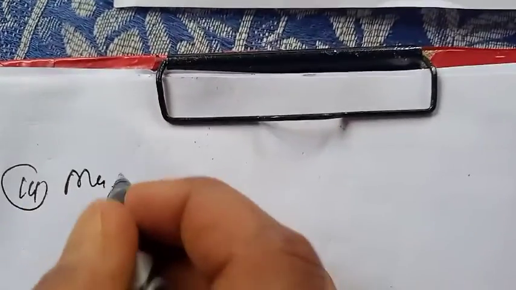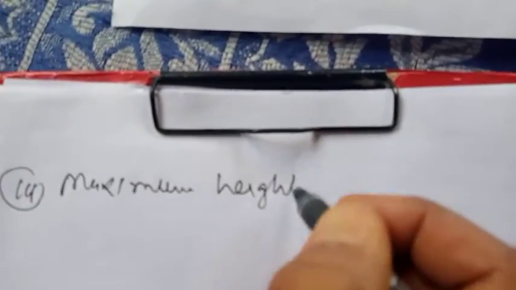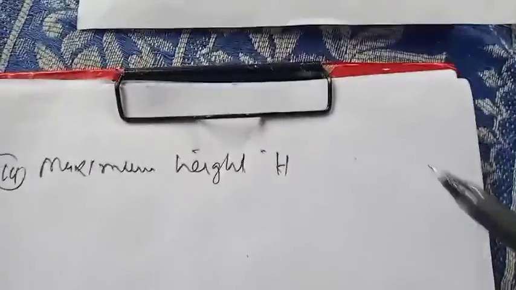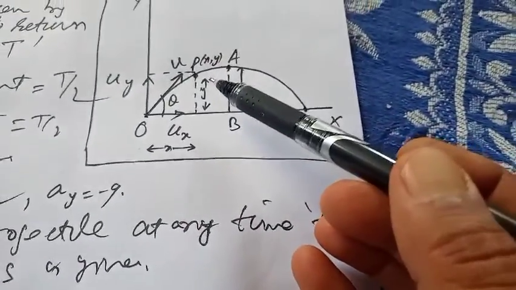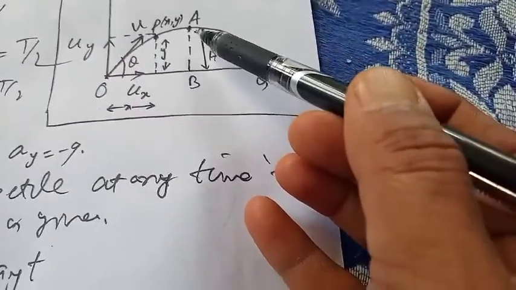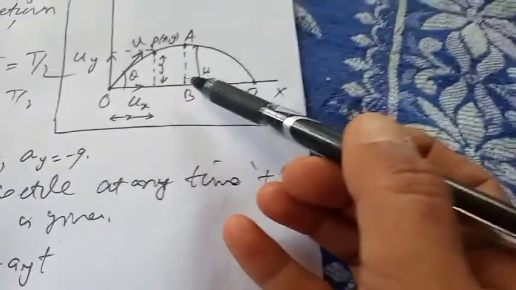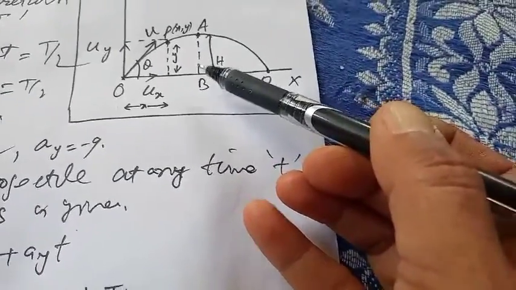Now we will take the third part. Maximum height, denoted by h, is the greatest height to which the projectile rises above the point of projection.